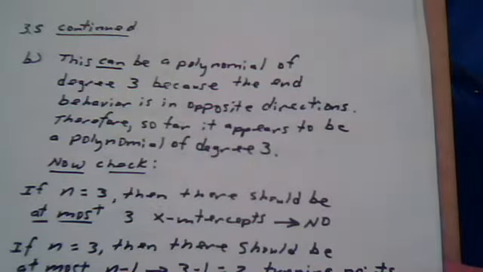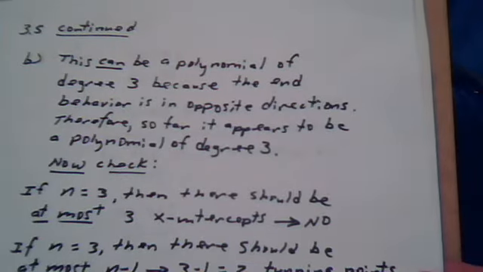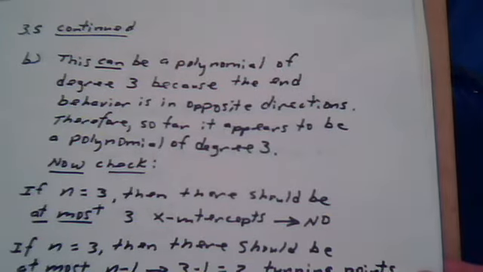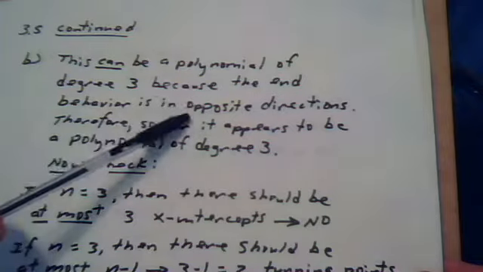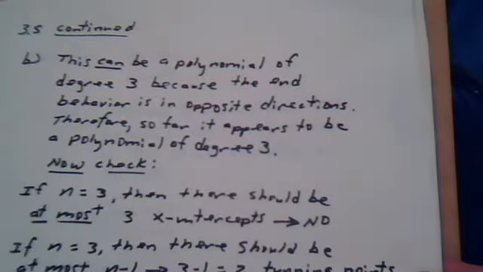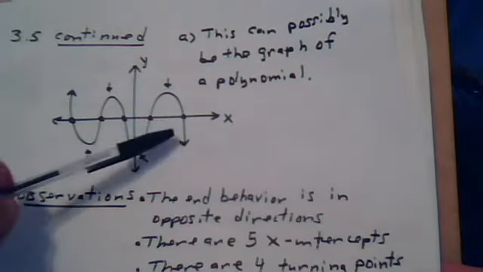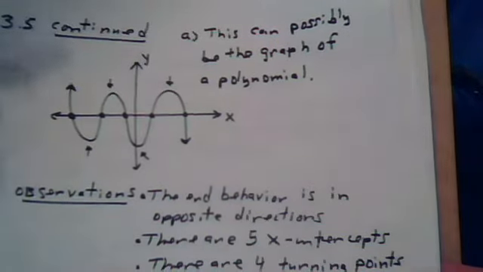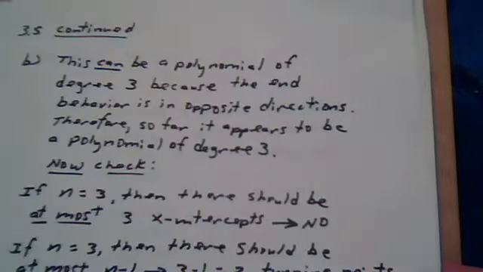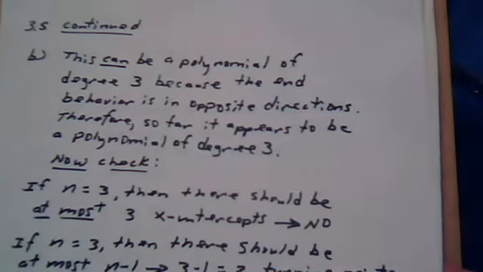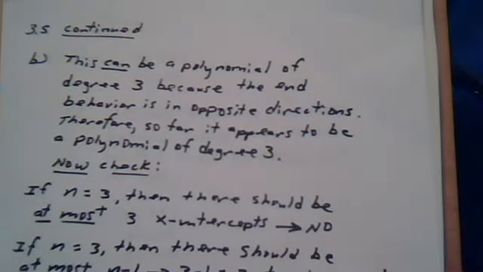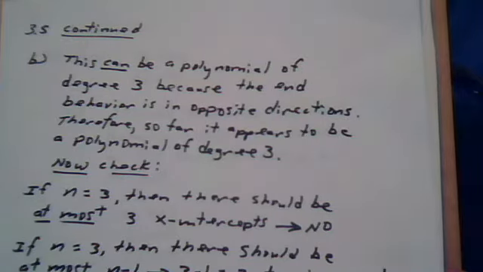So let's answer B. This can be a polynomial of degree 3 because the end behavior is in opposite directions. So notice, since the graph is pointing in opposite directions, this qualifies it for being an odd degree polynomial. But we would like to know if it's a degree 3, because degree 3 is odd, degree 5 is odd, degree 9 is odd.